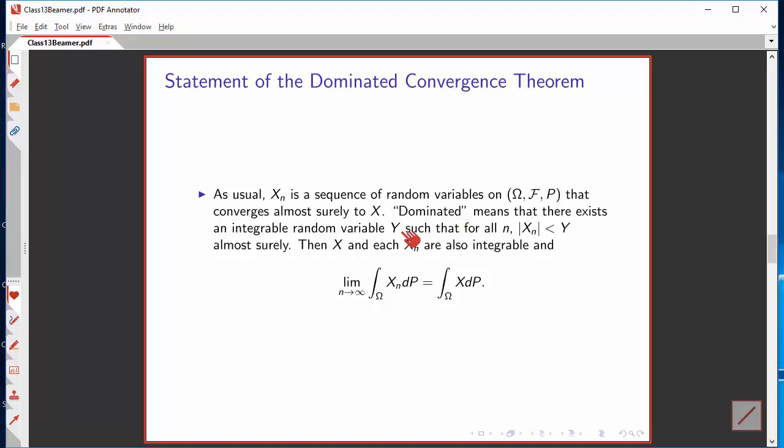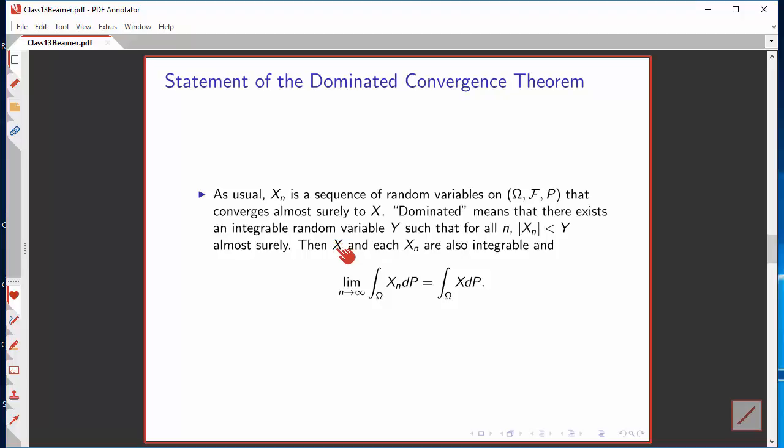Dominated means there is some integrable random variable y, one whose expectation we can calculate, with the property that the absolute value of the nth payoff function is always less than y, except perhaps on a set of measure 0. And what the theorem says in this case is each x sub n has to be integrable.